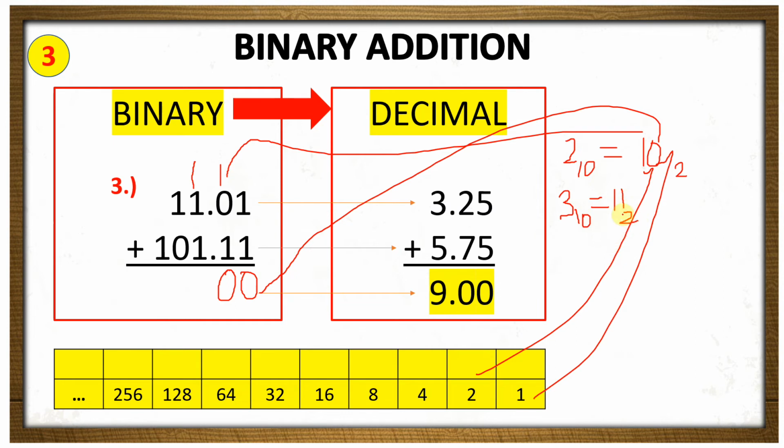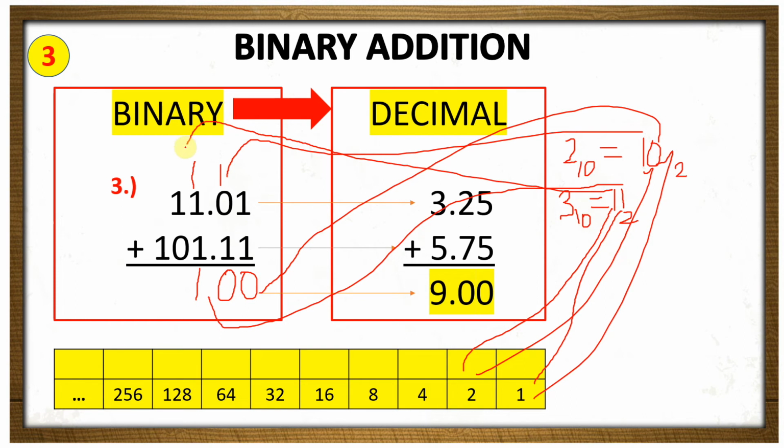That's 3 because 1 is on and this 2 is on, so 2 plus 1 is 3. So you bring down this 1, you put the 1 here, and this other 1 you carry over to the next place value.